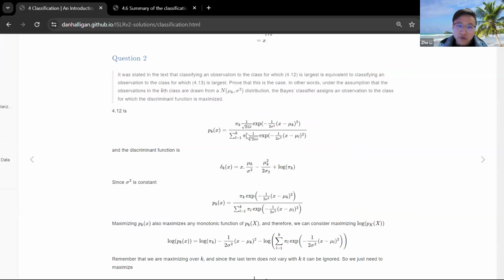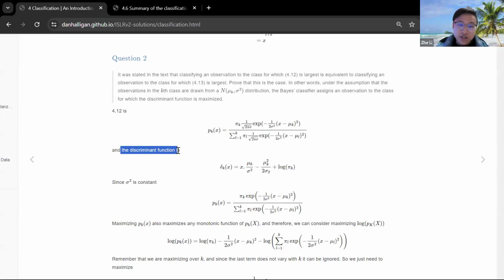First, 4.12 looks like this. The first term is the prior probability of class k, the second term is the density function of the normal distribution, and the denominator is the total probability from Bayes' theorem.